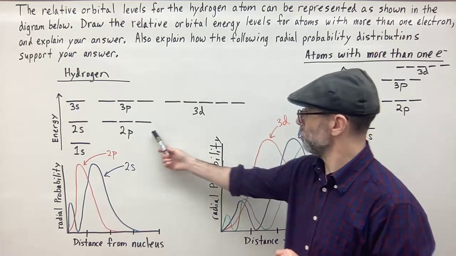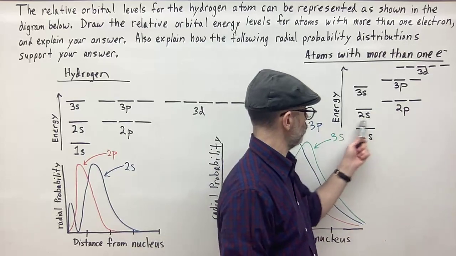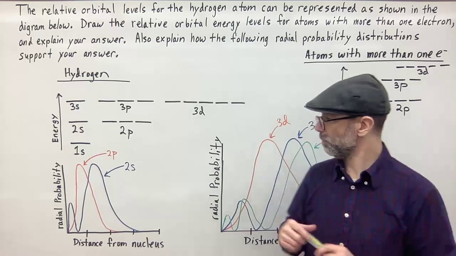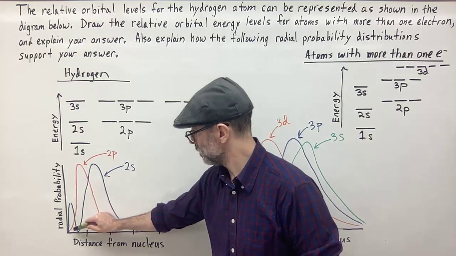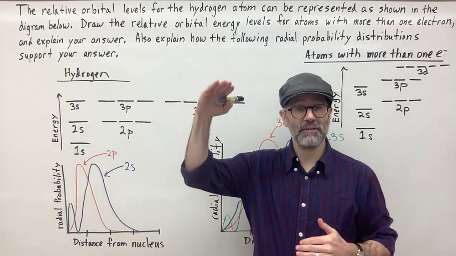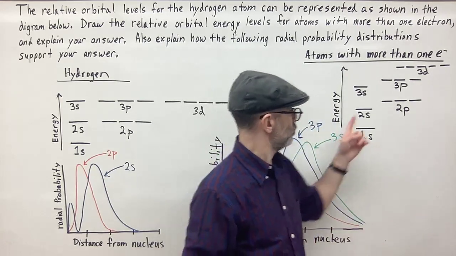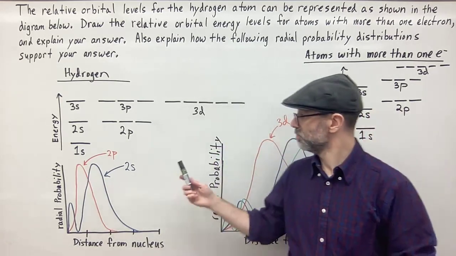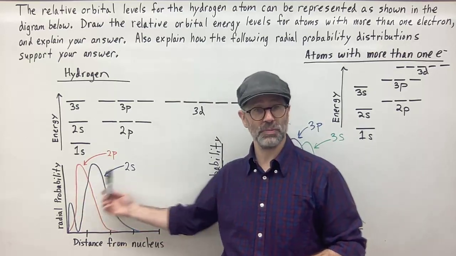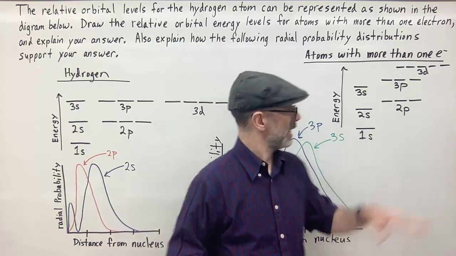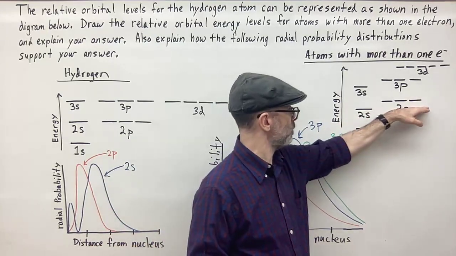Here, because the 2s has more penetrating power closer to the nucleus, it ends up having a lower energy compared to the 2p. And so this radial probability distribution map supports the 2s being lower than the 2p.